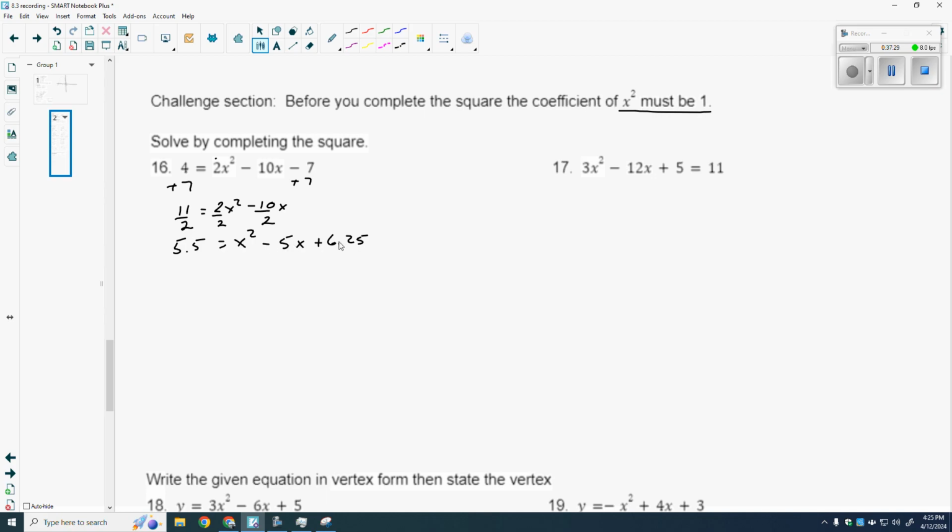Divide 5 by 2, and I get 2.5. Squared, I get 6.25. Add 6.25 to the other side, and I get 11.75. Factor this thing. 5 divided by 2 is 2.5. This negative makes both of these negative.